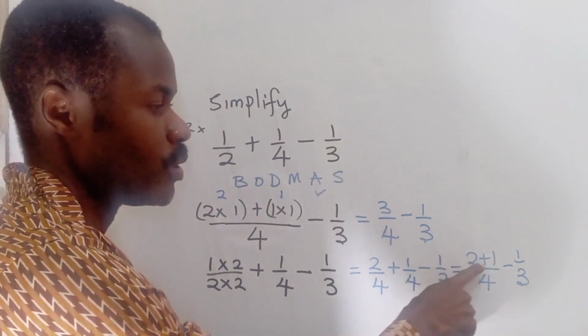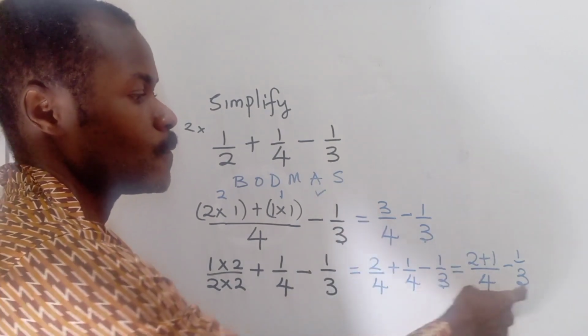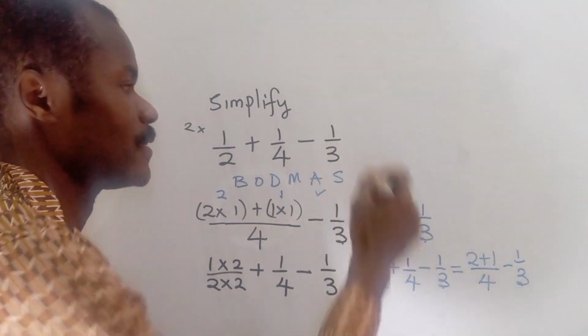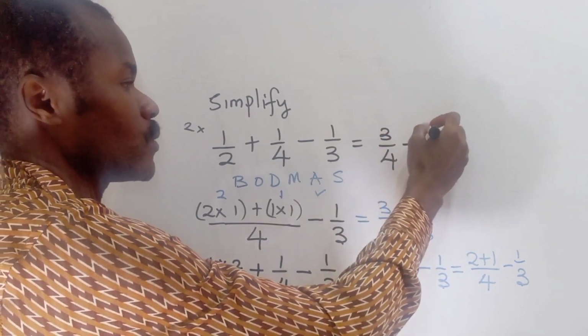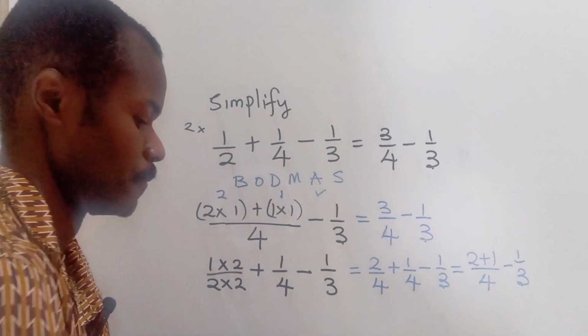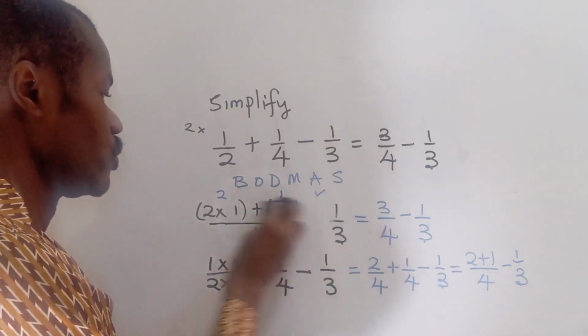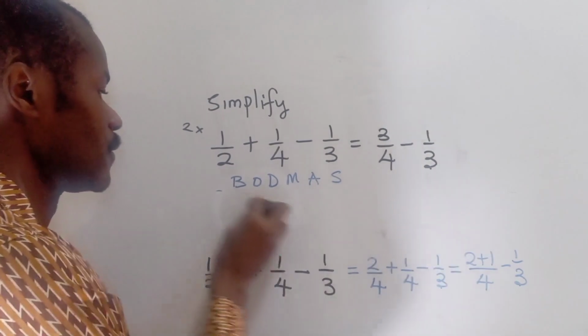And you can see 2 plus 1 here is still 3, divided by 4. So this is still this. Let me just write it out there. So we have 3 over 4 minus 1 over 3.